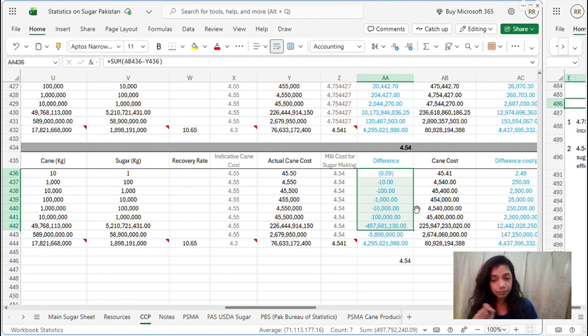And that affected their cane cost, which reduced from 4.55 to 4.54, and ultimately the difference came around 9 pesos. So they did not create more sugar, but they actually saved the cost.